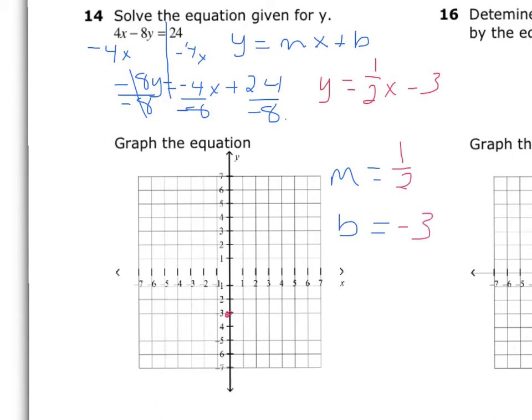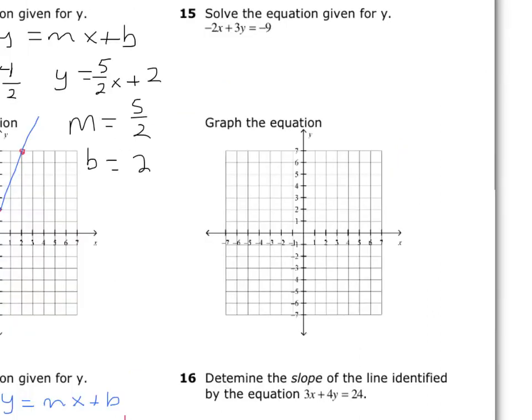Start at -3 for the y-intercept. We go up 1/2. Down 1, back 2. Okay, and then the last point, or the last 2 points. Okay, then we will take our line, go through the points, and that's it.